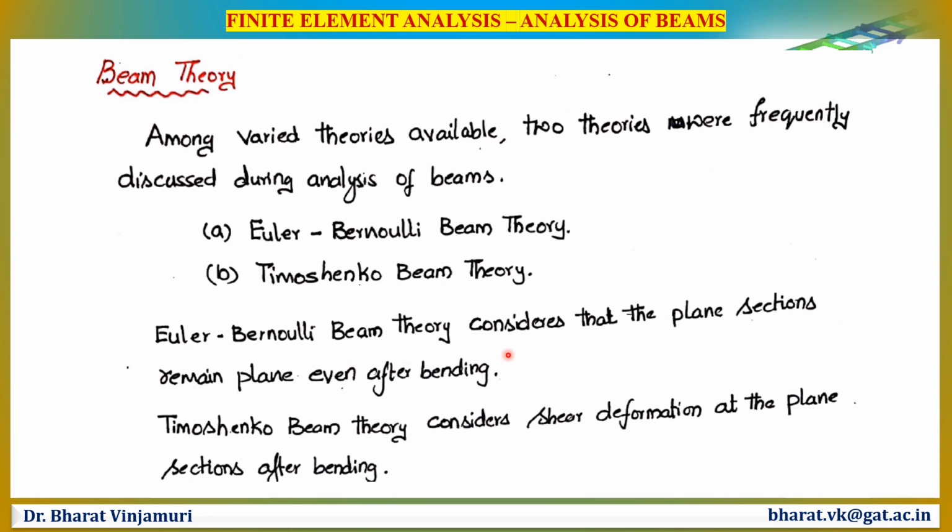Euler-Bernoulli beam theory considers that the plane sections remain plane even after bending, but Timoshenko beam theory considers that there will be a shear deformation in the planes after bending. This is a fine difference, obviously a very small difference between these two theories, but in this entire session, to derive the stiffness matrix of beam elements, we will be considering Euler-Bernoulli beam theory, and we'll be studying quite a bit about this theory itself.